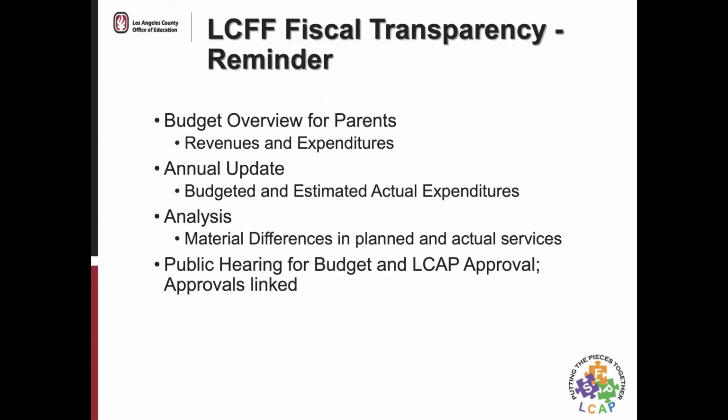The budget overview for parents is sort of where the rubber hits the road, and they're saying, did you spend it? If you didn't, sometimes things happen. Then it's your requirement to describe what you didn't spend and for services for those particular student groups, and if you didn't spend it, how did that impact those students?